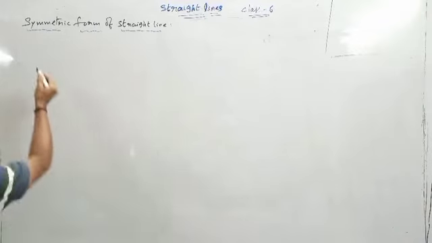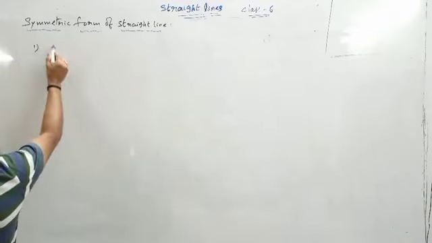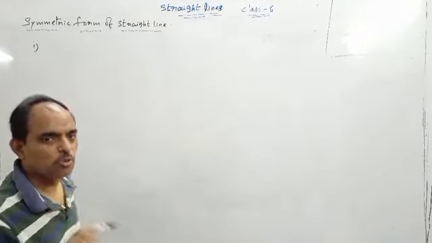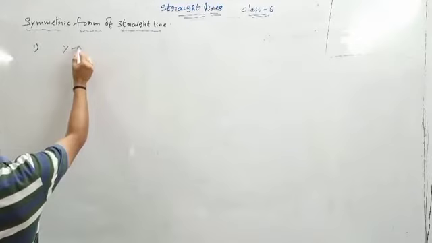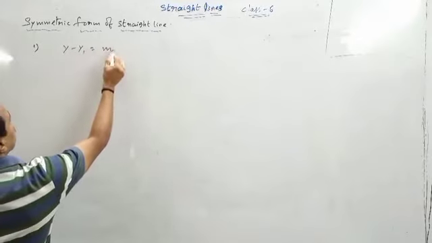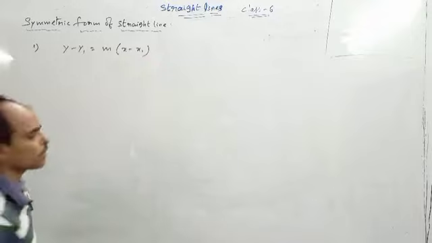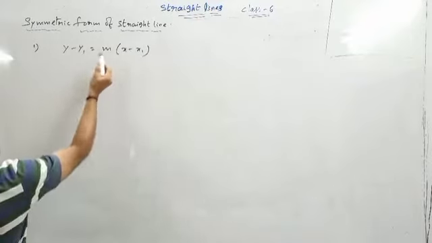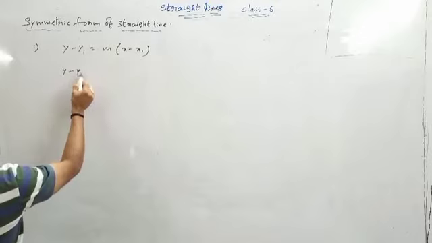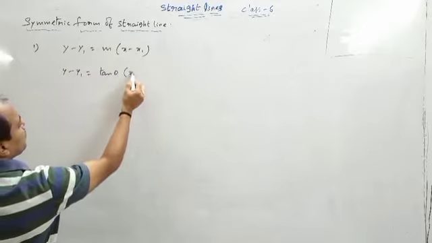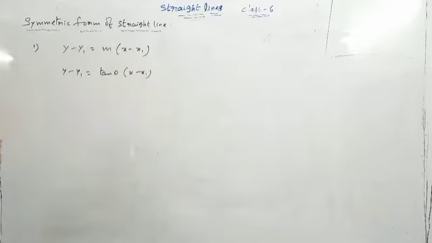We know the equation of a straight line. When a point and a slope are given, what is the formula? When a point and a slope are given, then y minus y1 is equal to m of x minus x1. Now, if inclination is given, then slope is equal to tan theta, so y minus y1 equals tan theta into x minus x1.